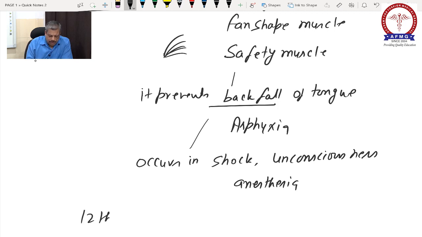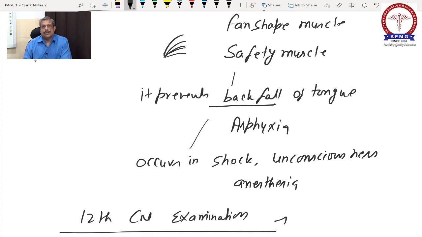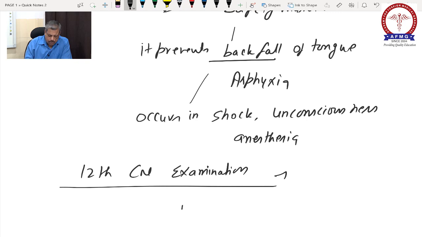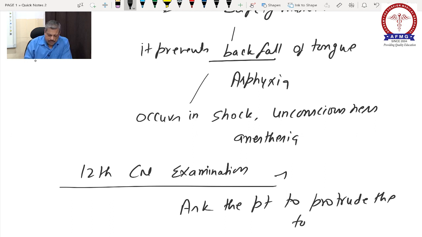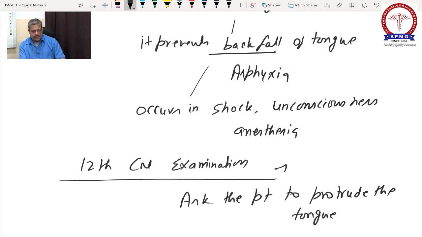So, another point, 12th cranial nerve examination. I can tell you here simultaneously, very easy to examine the 12th cranial nerve. Ask the patient to protrude the tongue. In this manner, we examine the 12th cranial nerve, because in a healthy person, tongue will be in the midline when the patient is protruding his tongue.